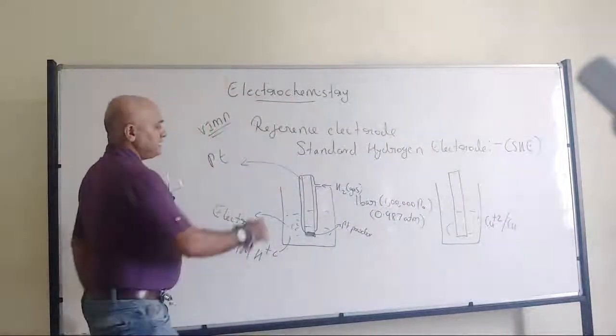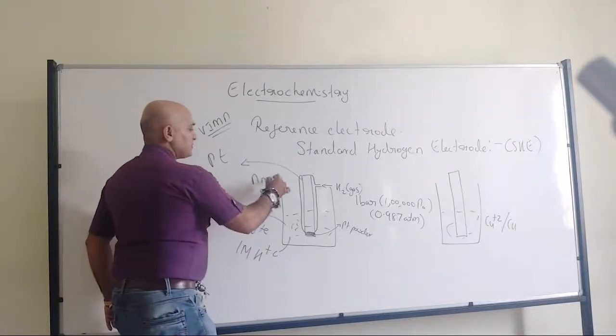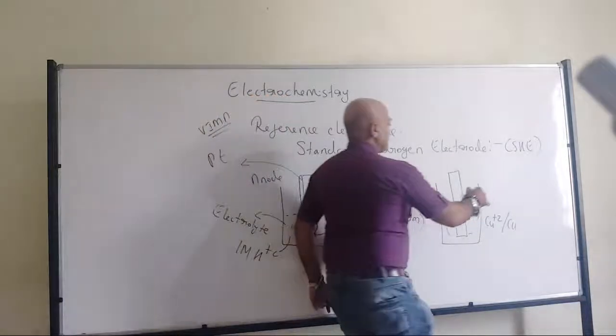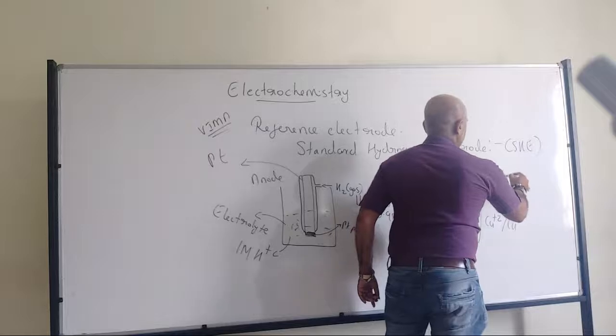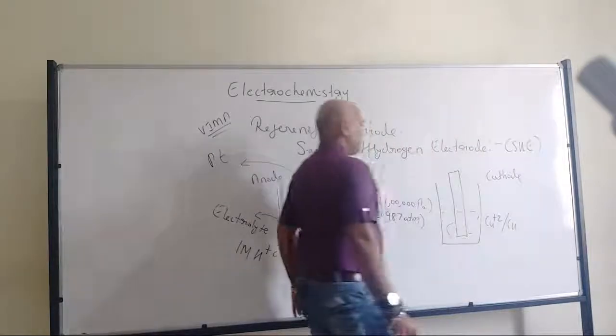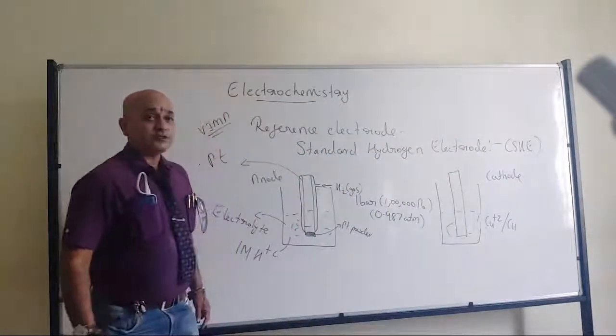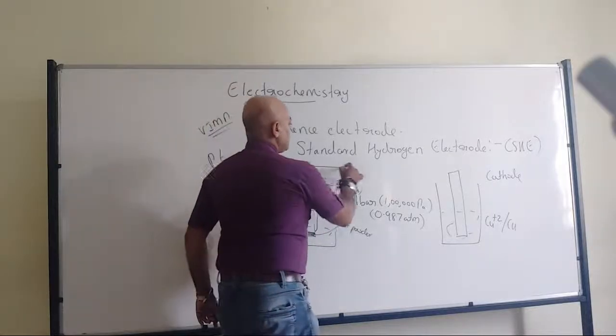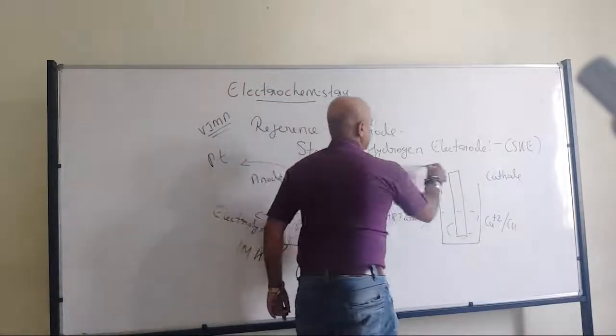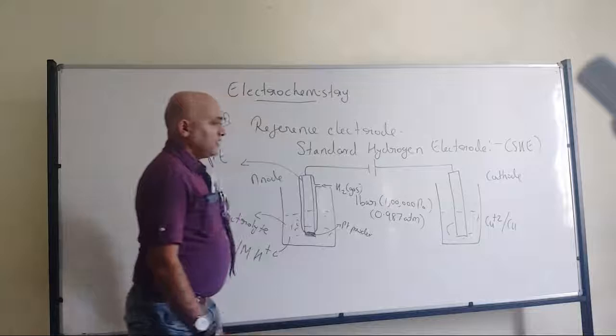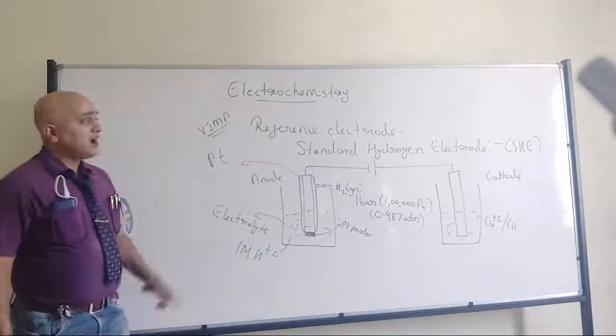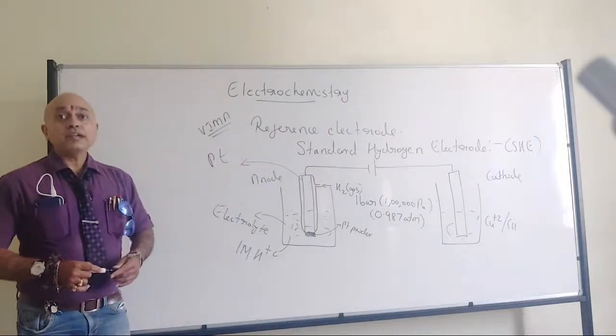This will be treated as an anode, and another one will be treated as a cathode. Naturally, they will be connected with each other. Fine? So that's how I have got the electrochemical cell now.